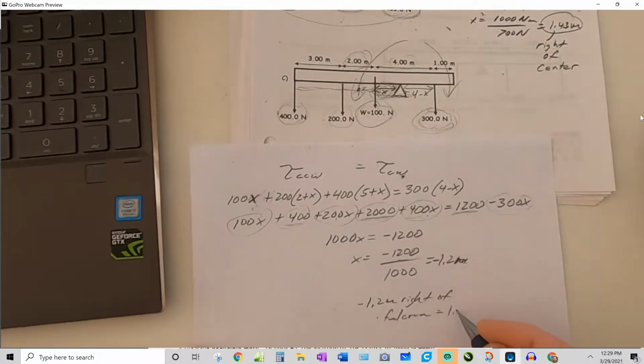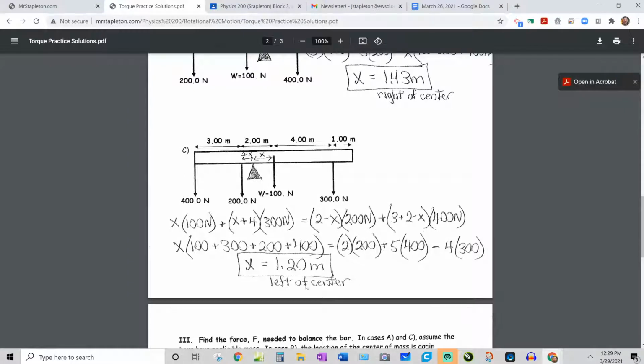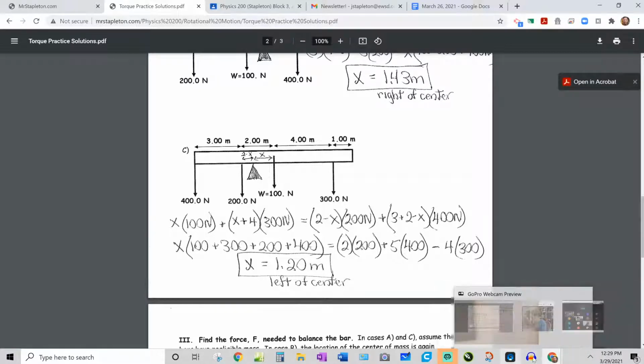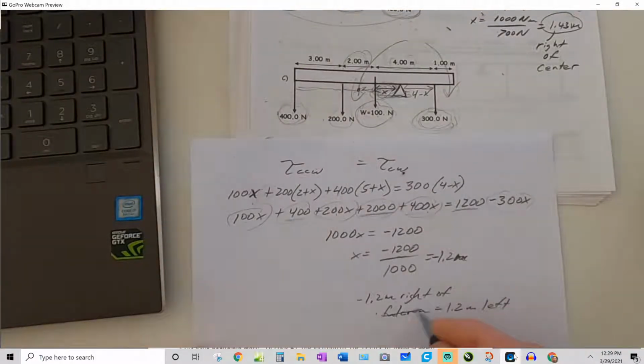which equals 1.2 meters left, which I think is what Mr. Pennington said. Let me just check on that. 1.2 meters, I meant not the fulcrum, left of the center. Right of center.